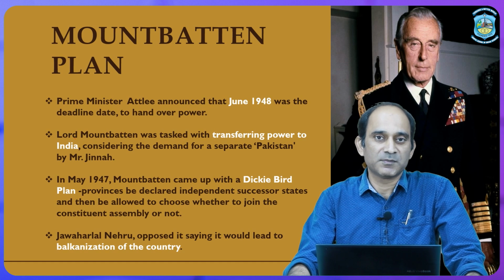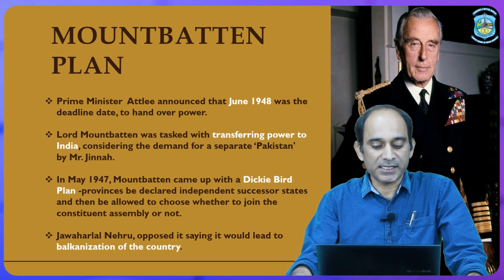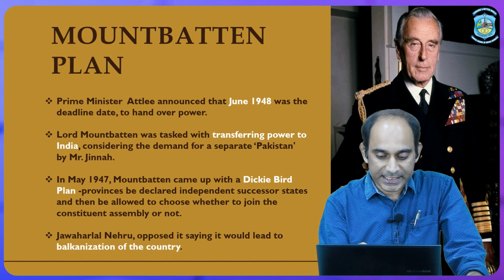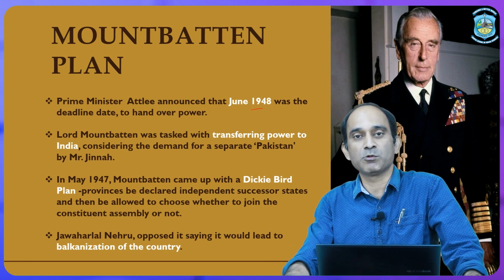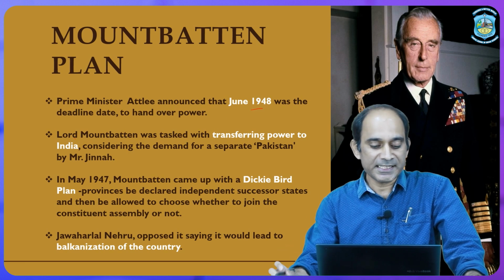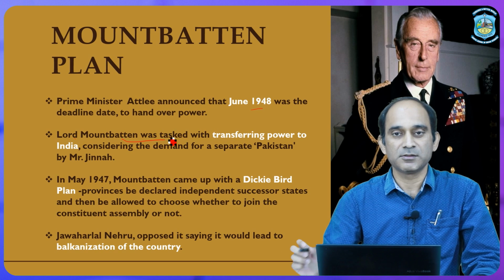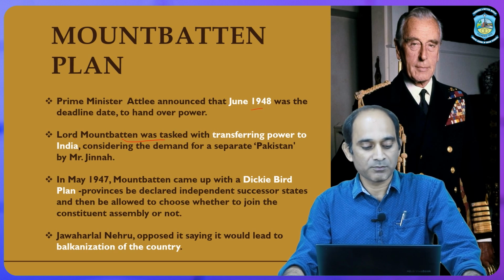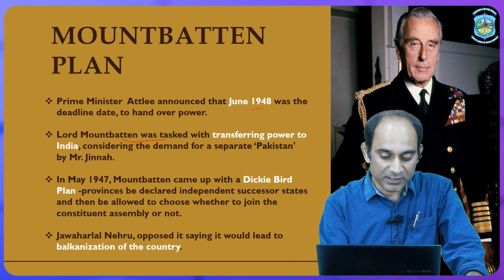In Britain, at that time, Prime Minister Attlee announced that June 1948 was the deadline to hand over power, and he tasked Lord Mountbatten with transferring power to India, considering Mr. Jinnah's demand for a separate Pakistan.